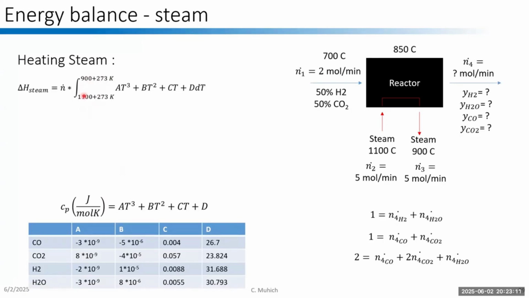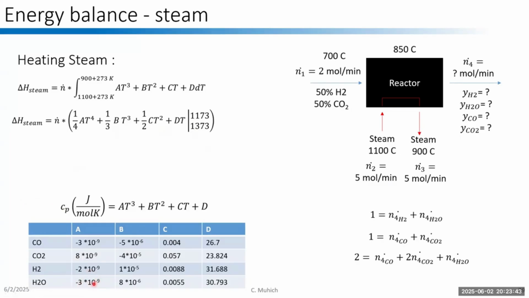All right, so I can go ahead, I can use calculus, which you should all be familiar with, to take the integral of this polynomial. I'm left with 1/4 A T to the fourth plus 1/3 B T cubed plus 1/2 C T squared plus D T. And that needs to run from 1373 down to 1173.